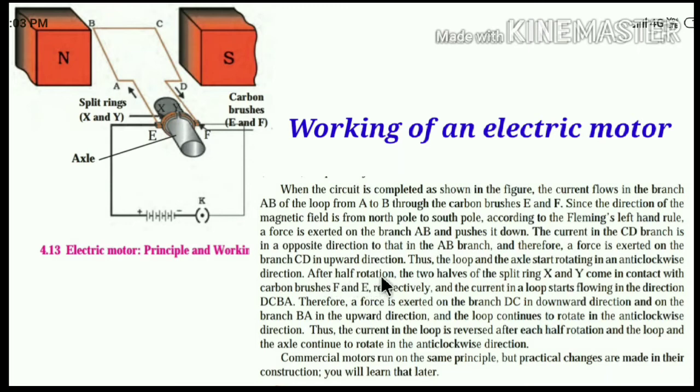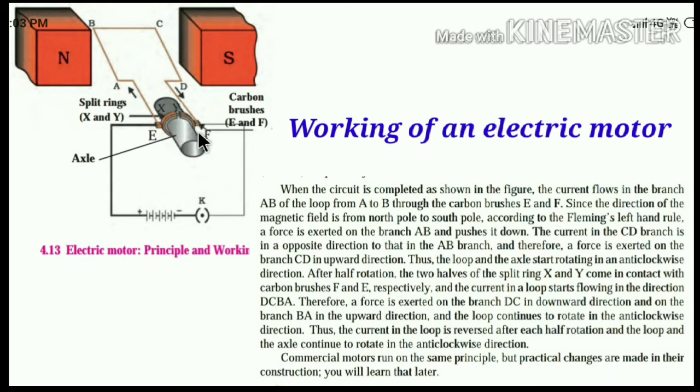After half rotation, what happens? The CD branch comes here at the position of AB, and the AB branch, because of the downward push, gets the place of the CD branch. After half rotation, the two halves of the split ring, X and Y, come in contact with carbon brushes F and E respectively.